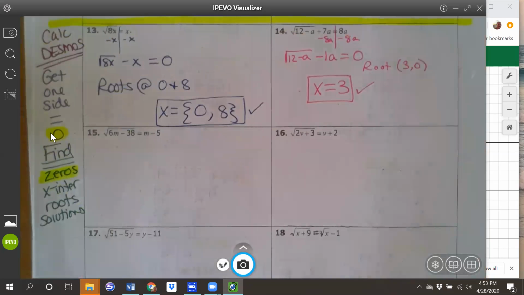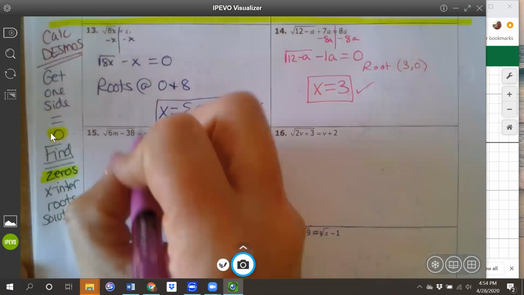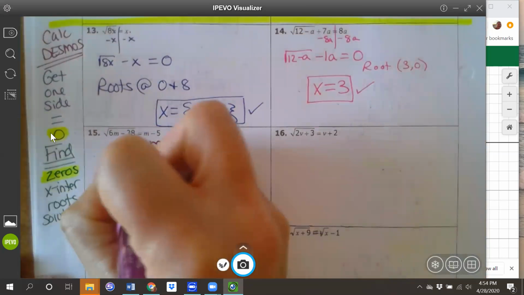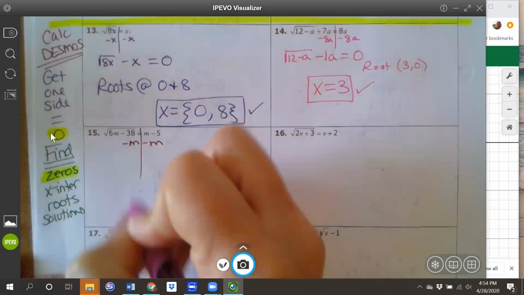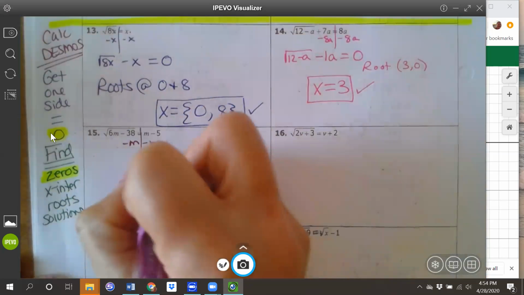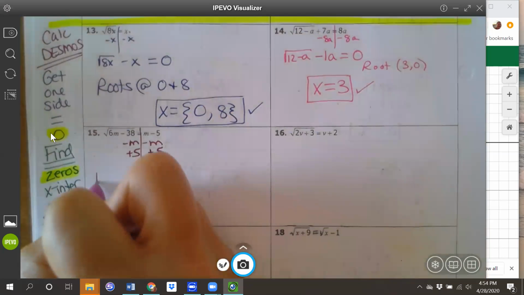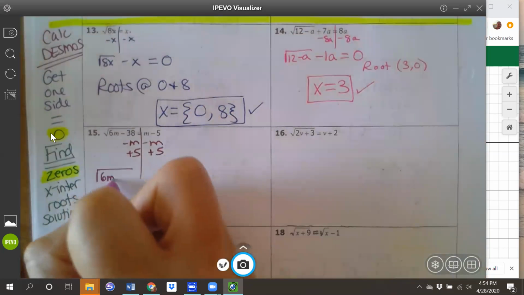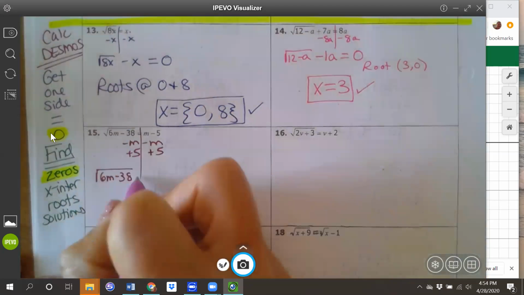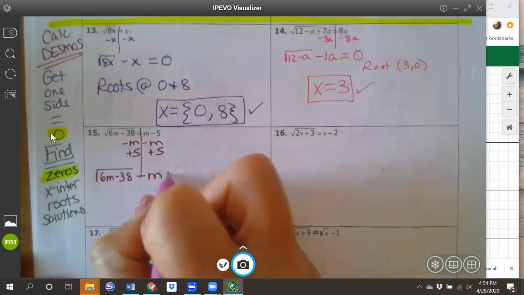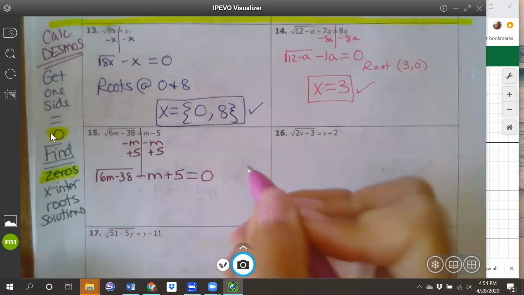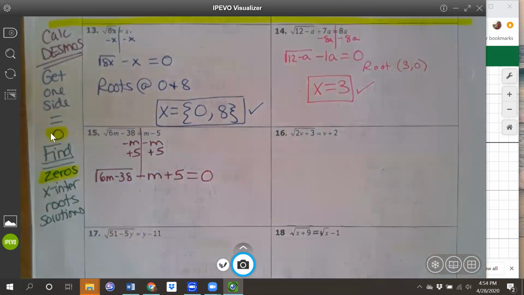All right, number 15, I have to make it equal 0 first. So I am going to subtract m on both sides, and I am going to add 5 on both sides. So that's going to give me the square root of 6m minus 38 minus m plus 5 equal to 0.